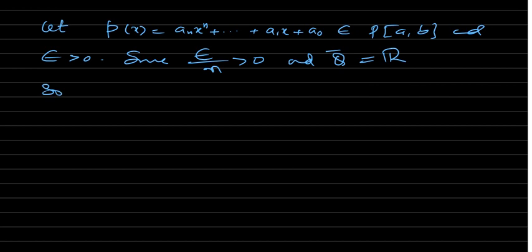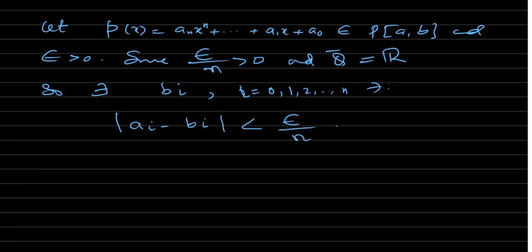So there exists b_i, a rational number, for i equal to 0, 1, 2 up to n, such that mod of a_i minus b_i is less than epsilon by n. Each a_i is a real number, and each real number can be approximated by a rational number because rationals are dense in the reals. So here epsilon is epsilon by n.